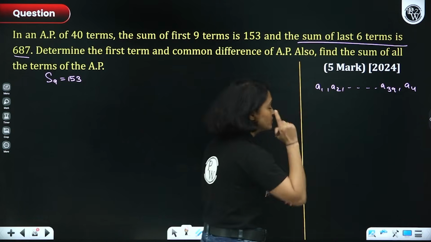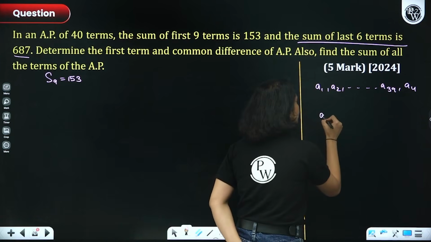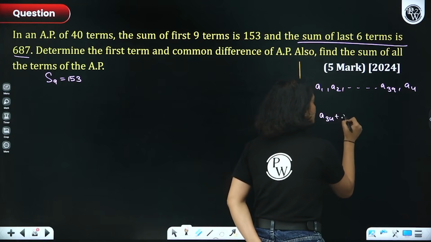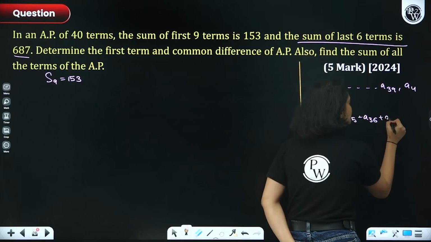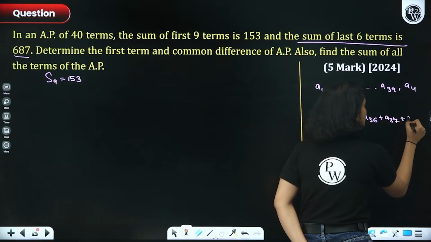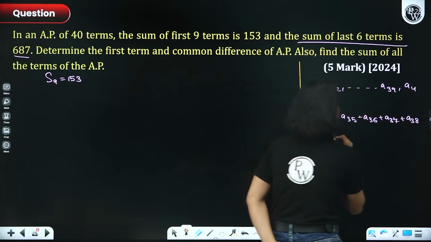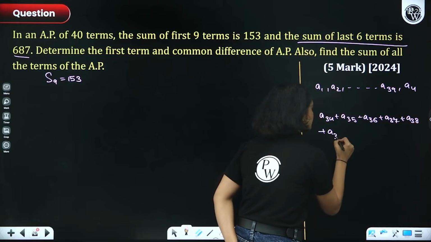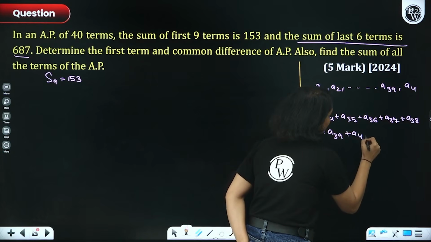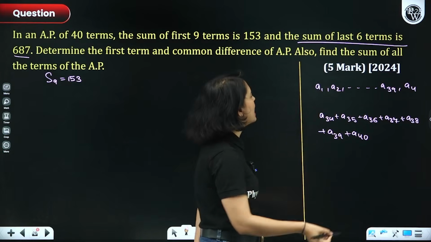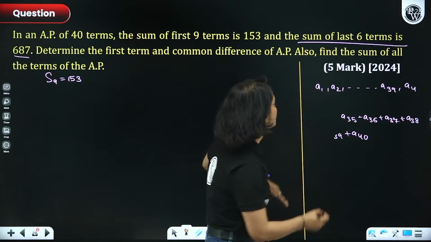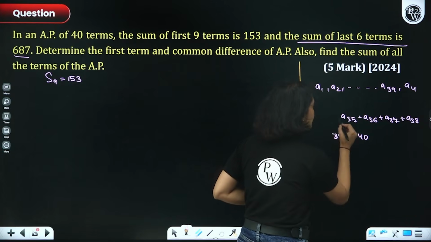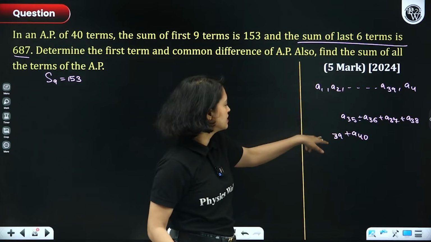If you think, it would be A34 plus A35 plus A36 plus A37 plus A38 plus A39 plus A40. Yes or no? 1, 2, 3, 4, 5. No, A34 won't be included. From A35 we'll have: A35 plus A36 plus 37, 38, 39, 40.